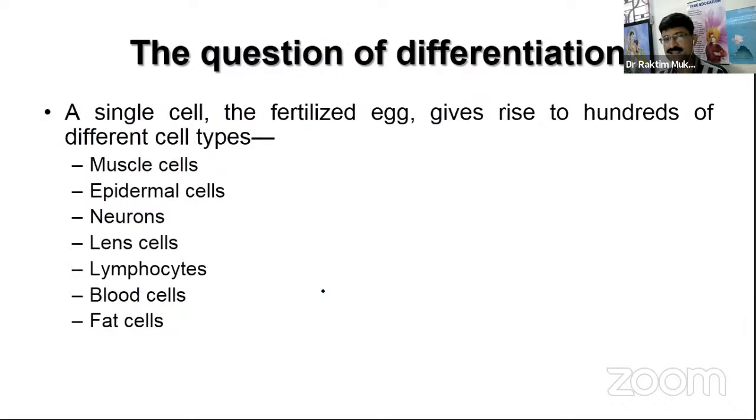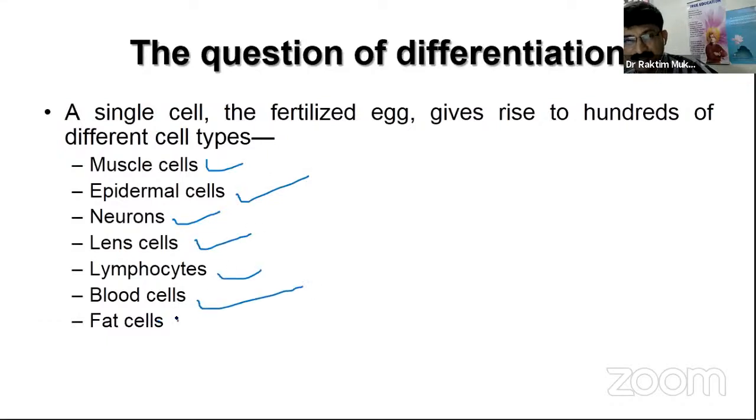Further, a single cell that fertilizes the egg gives rise to hundreds of different cell types, such as the muscle cells, the epidermal cells, the neurons, the lens cells, the lymphocytes, the blood cells, and fat cells. The fat cells are adiposomes or adipocytes.